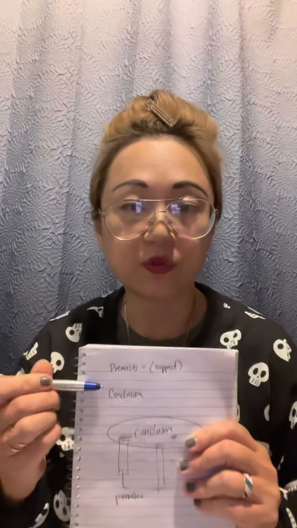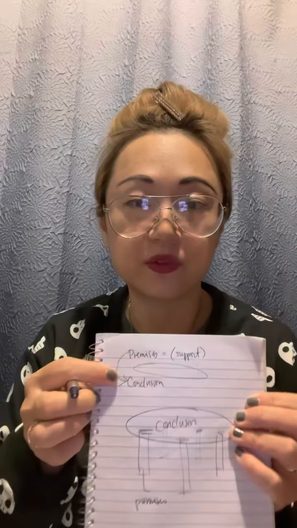However, it doesn't just hold. These sticks don't hold a platform. You need some sort of glue, some sort of nail, some sort of thing that interfaces between the premises to support the conclusion. So from the premises to the conclusion, there's something missing here in the middle.